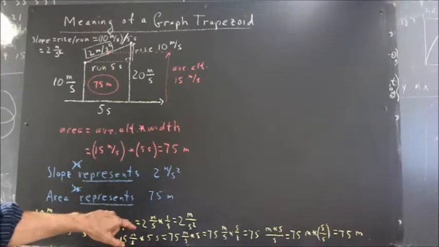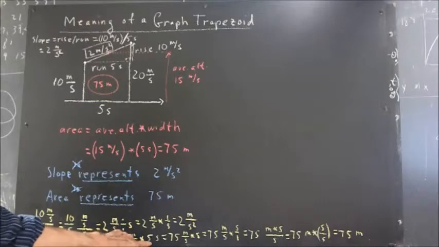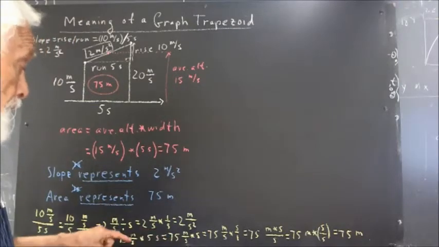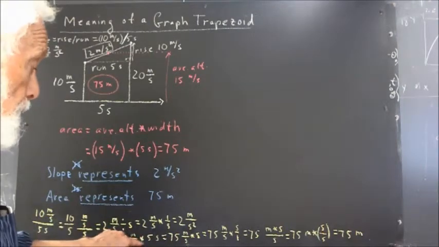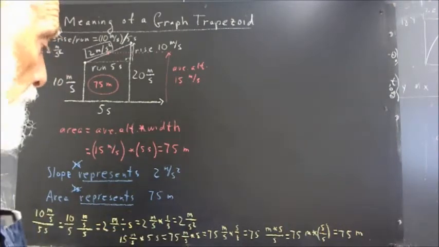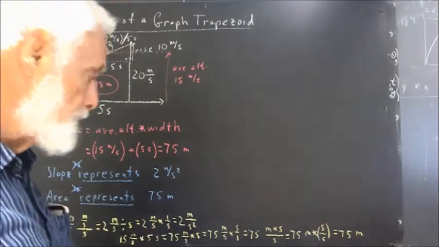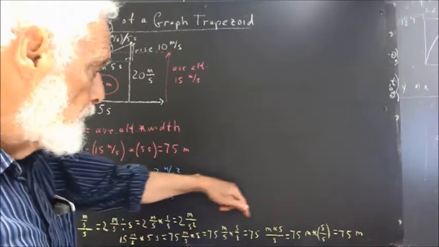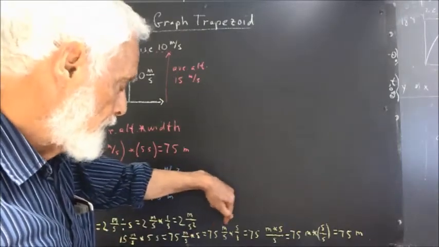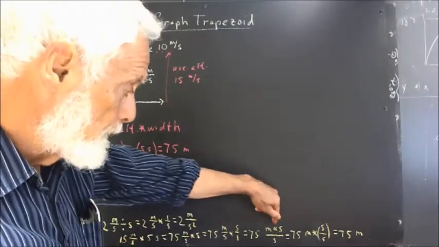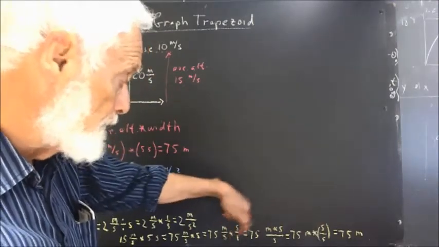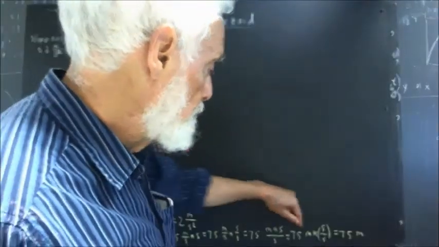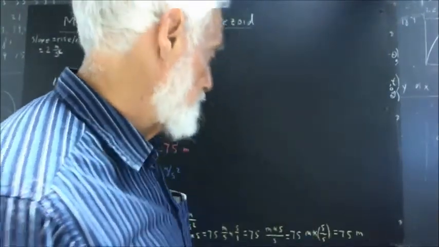Anyhow, 15 meters per second multiplied by 5 seconds: 15 times 5 is 75. We have the meters over seconds here and the times seconds here. Meters over second times seconds is the same as meters over second times seconds over 1. So that comes out 75, of course. Meters times seconds, divided by seconds times 1, gives us seconds. That can be written as meters multiplied by seconds over seconds.